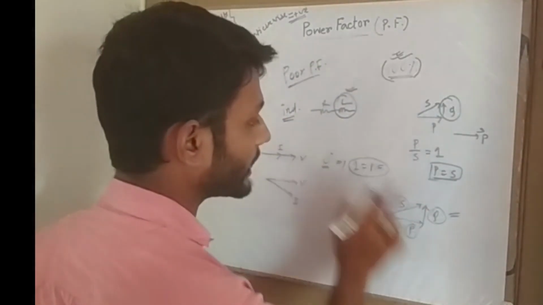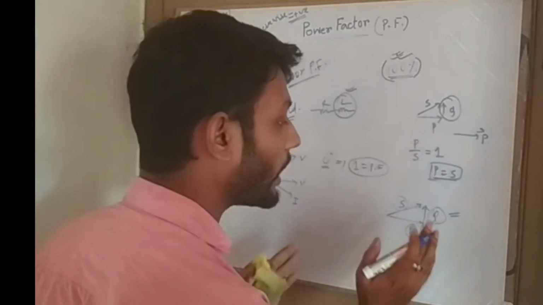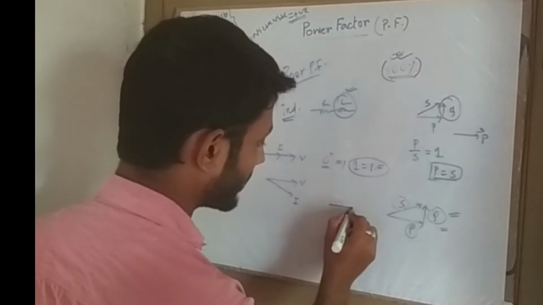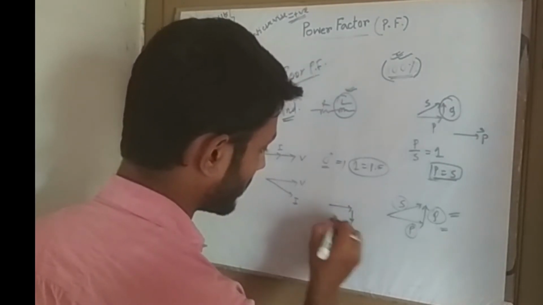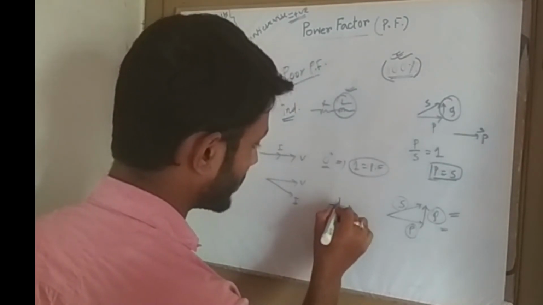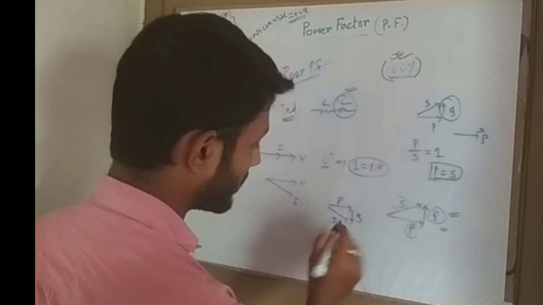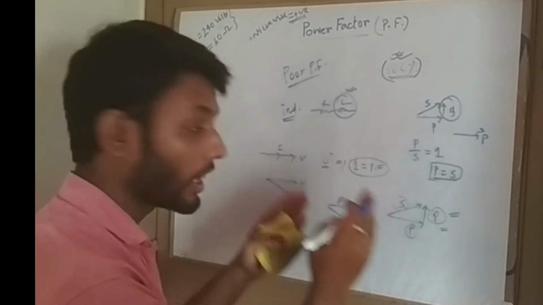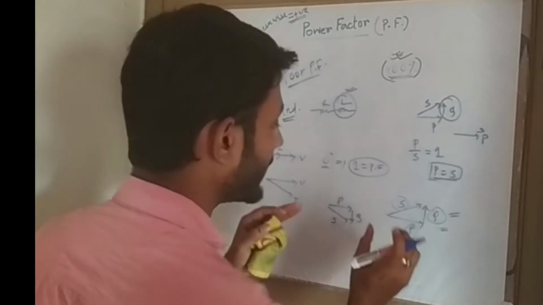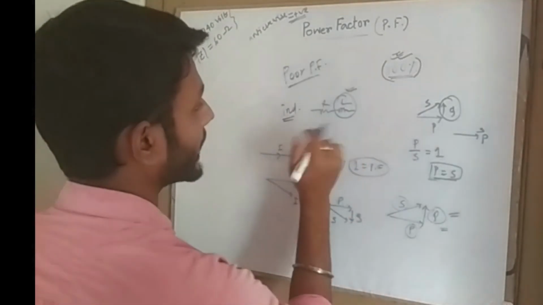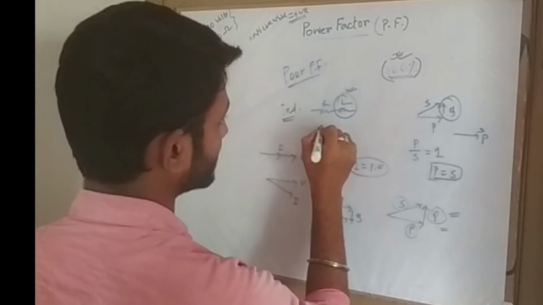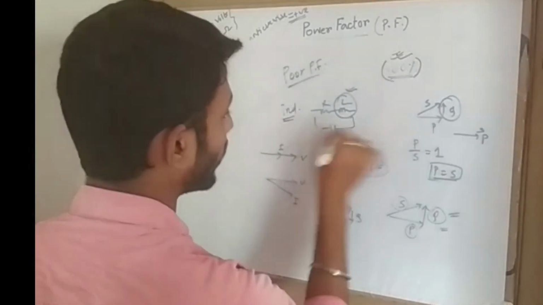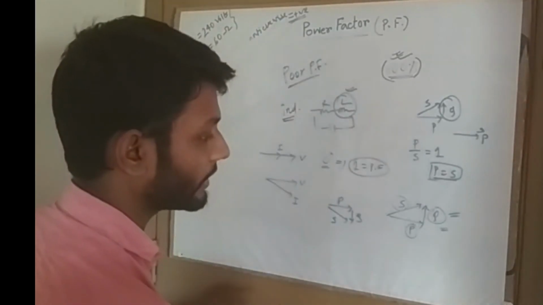Here the load is inductive in nature, so what we can do, this is for inductive circuit and this triangle, power triangle, is for capacitive circuit. So from these two figures we can say that if we put a capacitive circuit or a capacitor across this load, then what will happen?